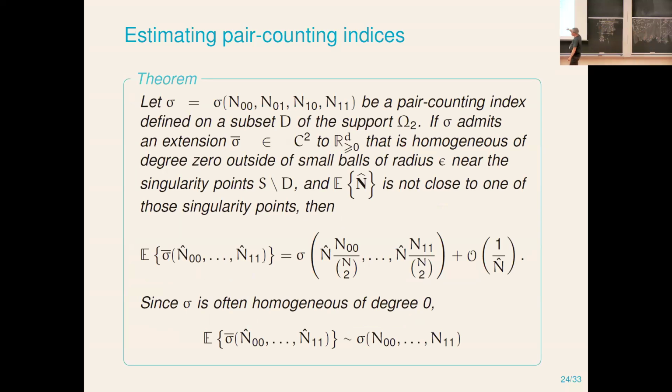The expected value of the extension, which is now well defined, will be the sigma of the expectations, right? And by homogeneity, you will get the sigma of the counts n0 to n1, and you get the bias, which goes to 0 as the size of the sample grows.